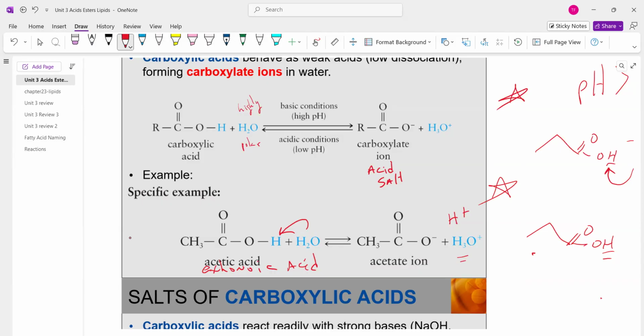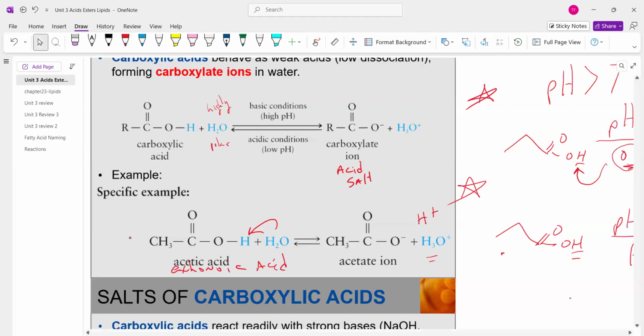This is something I'm going to be harping on in Unit 3 and Unit 4: under different acidic conditions, what is the ionic character of the acid or base? Now, the opposite of an acid is a base. It disassociates a hydroxyl ion as opposed to a hydrogen ion.